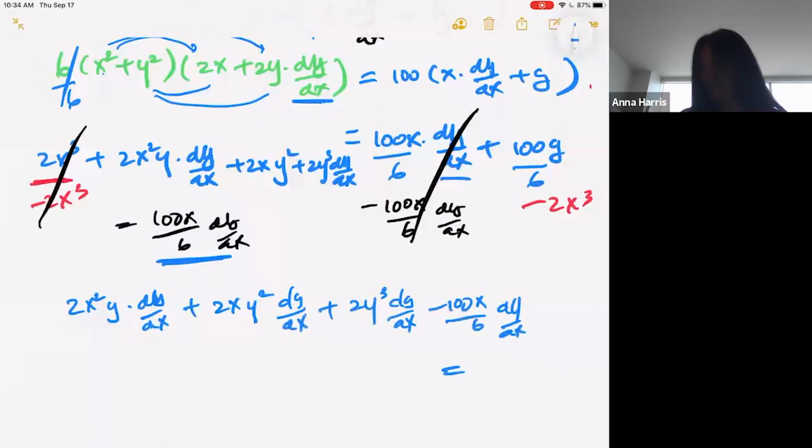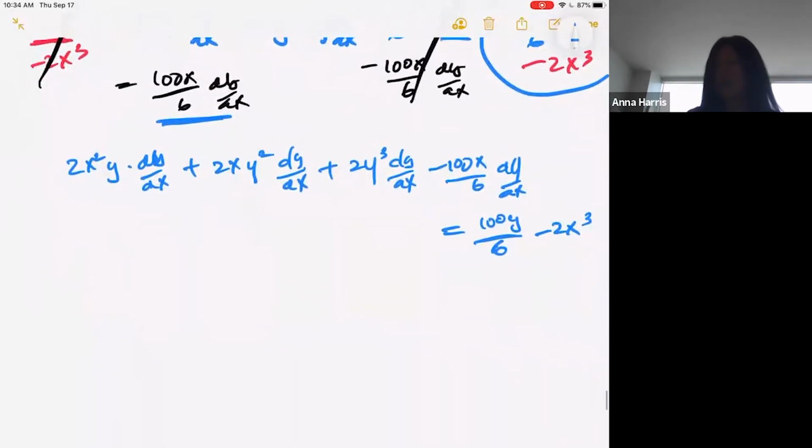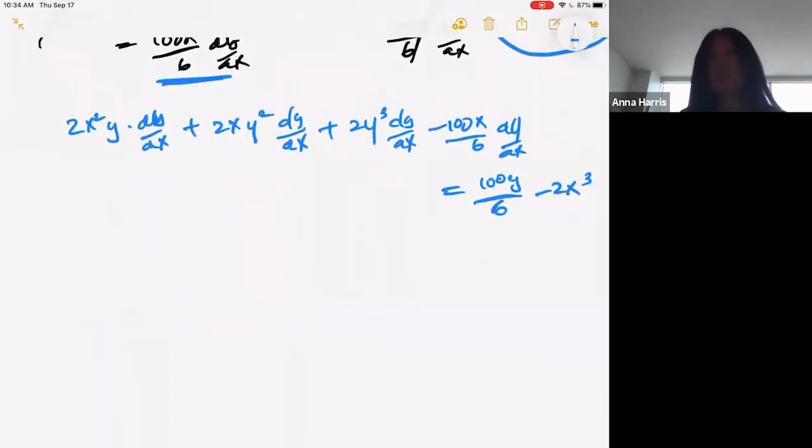That's equal to that, which is 100 y over 6 minus 2x to the third. A little bit complicated, but as I said, it's just the algebra, okay? You just need to do algebra slowly.